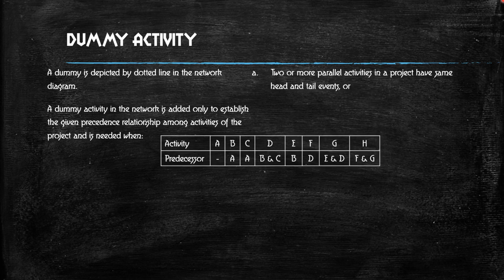So what is the case in which you draw a dummy activity? When two or more parallel activities in a project have the same head and tail. Sometimes when we see the input for a network diagram, we find that more than one activity has the same head and the same tail, right? So let us go one by one.